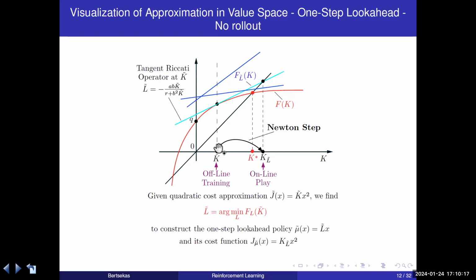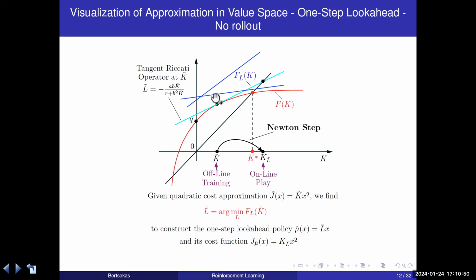Well, what we want to do is find a policy that minimizes for this K tilde. And what we need to do then is, for all the possible policies, find the one that comes out lowest, right? According to this minimization.